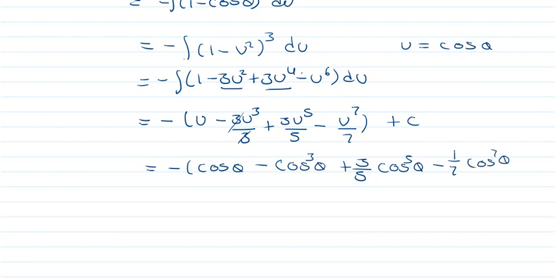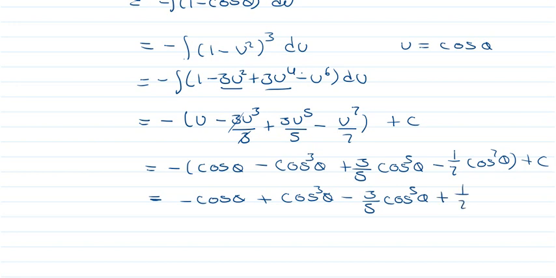Distributing a negative here is going to be equal to negative cos theta plus cos raised to the power 3 theta minus 3 over 5 cos power 5 theta plus 1 over 7 cos power 7 theta plus c.